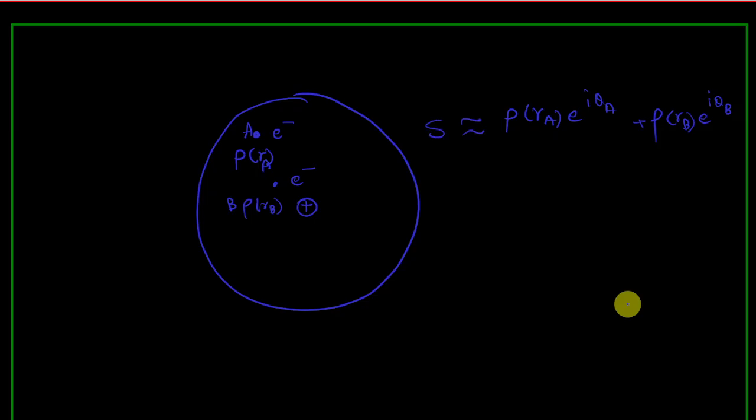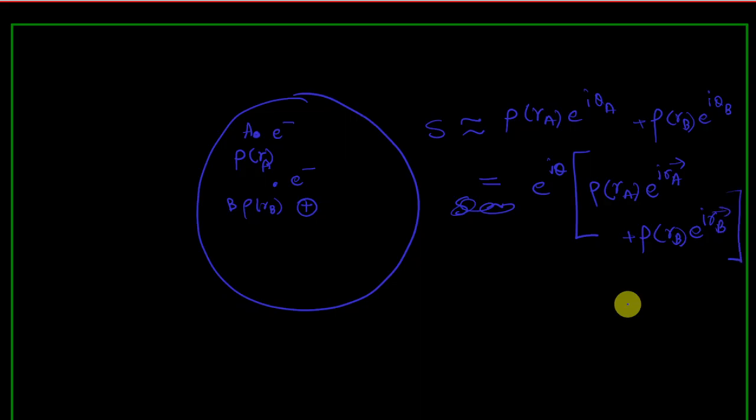So now if we integrate it all over the space, we can also take some phase out to get rho(r_a) e^{i r_a} plus rho(r_b) e^{i r_b}, right? So just like we did in the last video.